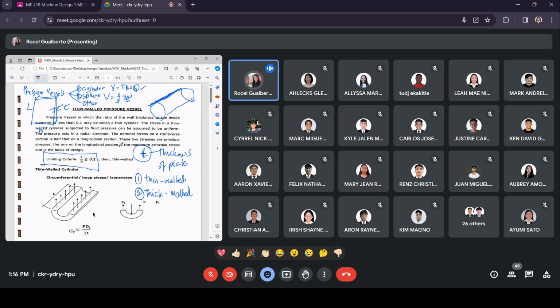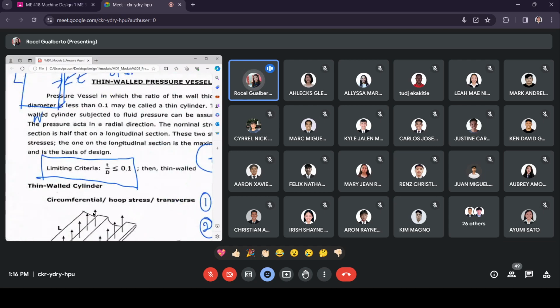The limiting criteria is the ratio between the thickness and the inside diameter. So thickness over the inside diameter should be less than or equal to 0.1. If it is within this range, then we say that the pressure vessel is thin-walled.